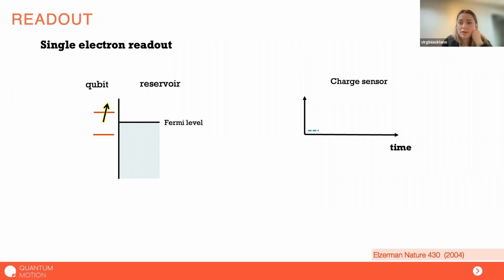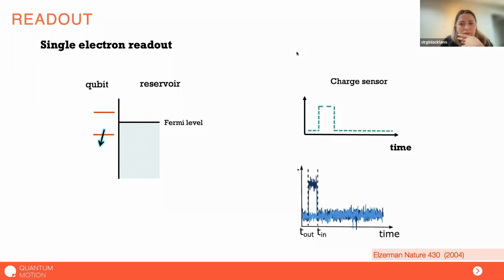If the qubit has a spin up, it will leave the dot and then come back, and we can see that in a charge detector. On the other hand, if we had a spin down, the electron will stay inside the qubit and we won't see any change in our signal. So this way we can measure the time it took for the electron to tunnel out and then back in.